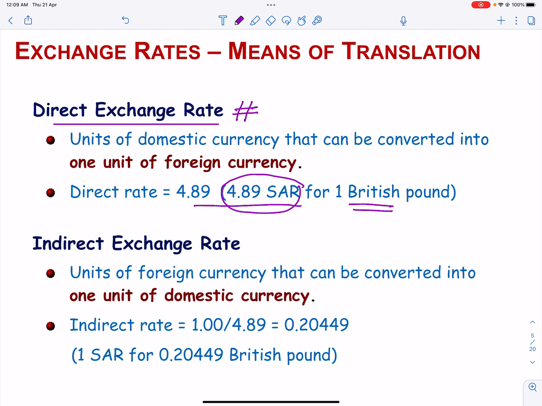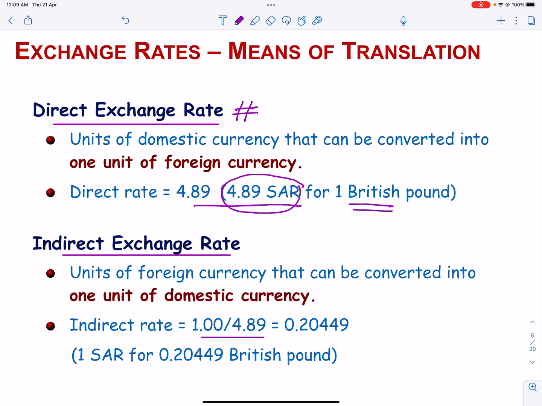Currency can also be expressed in the indirect exchange rate. In case of indirect exchange rate, we need to divide 1 by the direct exchange rate.